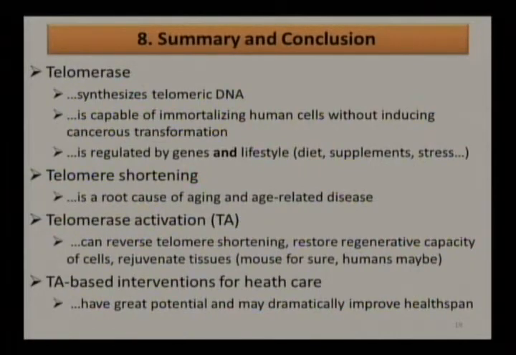We know that in mouse for sure, and in humans, at this point, till the randomized studies come out, I would say maybe, or I might be encouraged to say likely. And TA-based interventions for healthcare actually have, in my opinion, really great potential and may dramatically improve health span.